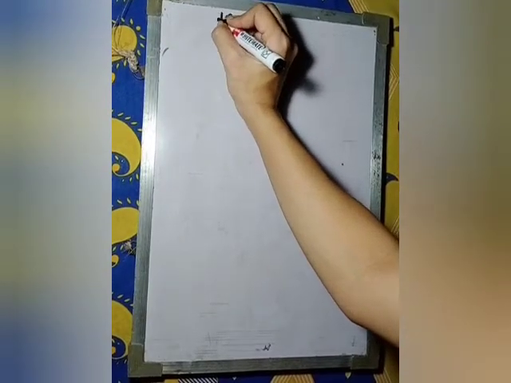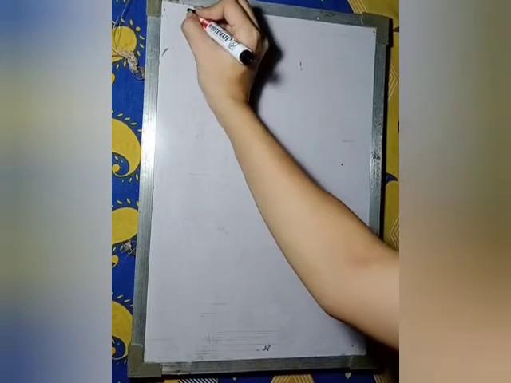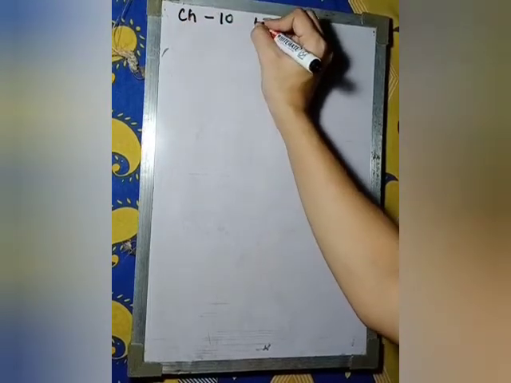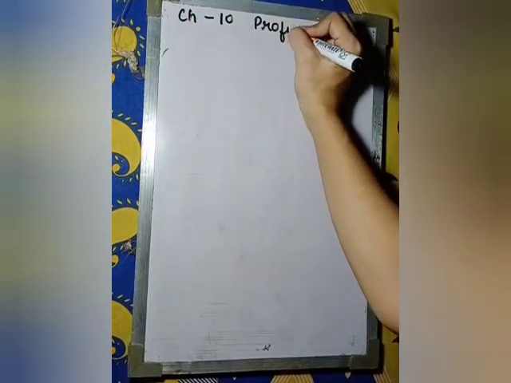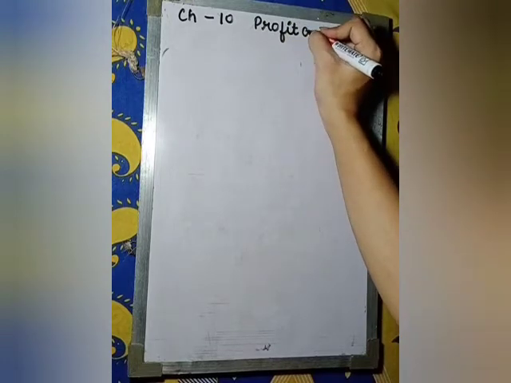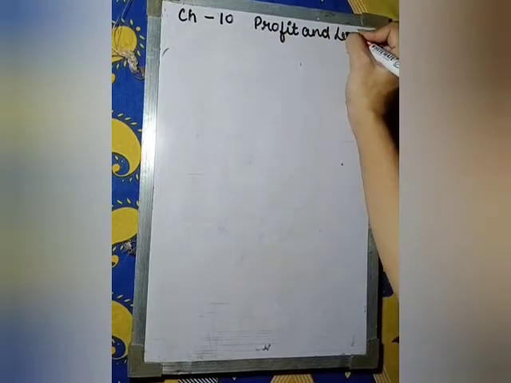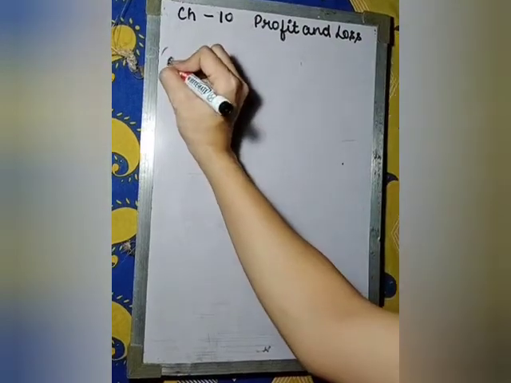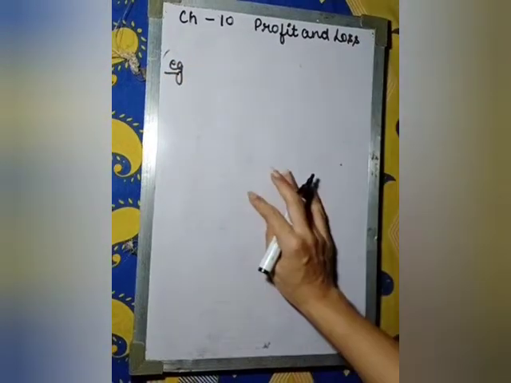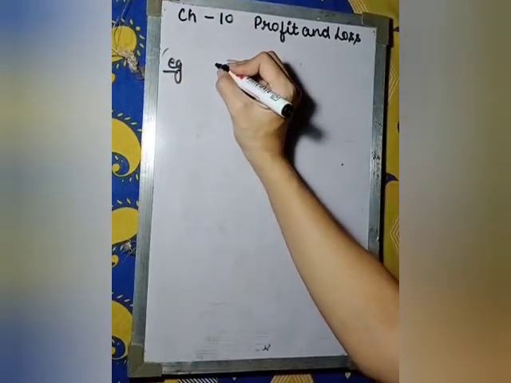Friends, today we will start chapter number 10, Profit and Loss. First of all, we will understand what is profit and what is loss. So, just take an example. You have bought a pen.